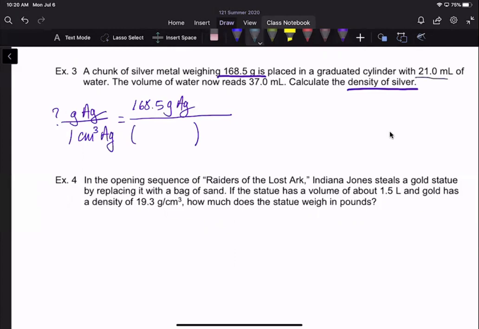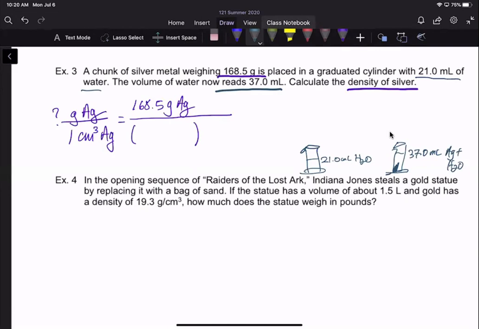We've got a graduated cylinder with 21 milliliters of water, and when in doubt, draw a little picture. And then we place that silver metal in there, and now it's 37. This is 37.0 milliliters of silver plus water.